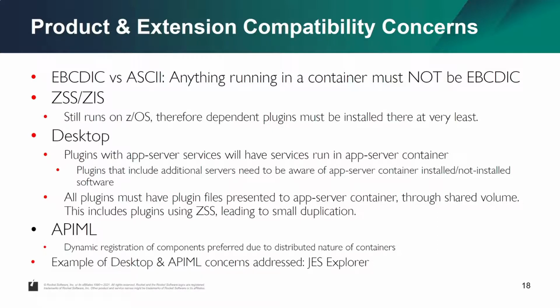Now, again, these products need to be ASCII instead of EBCDIC. And again, if you have ZSS or ZIS content that you're interested in, if it's just the server itself, it's still accessible over the network on z/OS. But if you have a plugin for ZSS or ZIS inside of your product, then basically you need to make that available on z/OS.